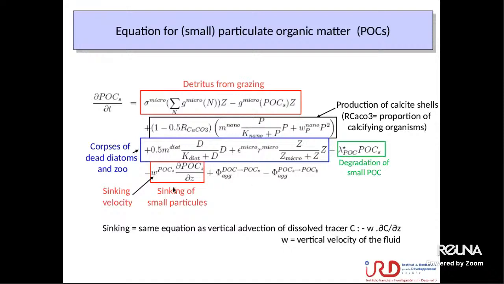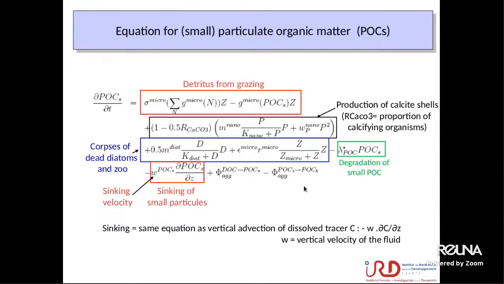And also some sinking. So here it's interesting because it's a different equation than the others. For the first time here, you can see this dPOC/dz. So that's the vertical gradient of POC. So it's really like an advection term, due to the vertical velocity, which is a sinking velocity here. So this term means that there is sinking of the small particles towards the bottom.